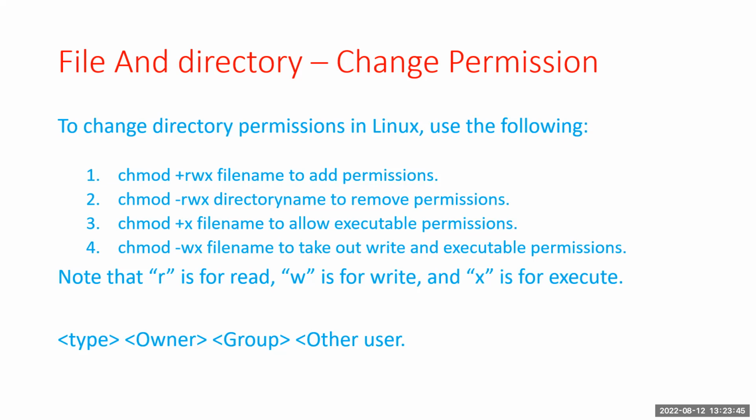Who can do those changes? Either the user who has created it, though everything depends upon the permissions, but mainly the superuser has the power to do all of these things.